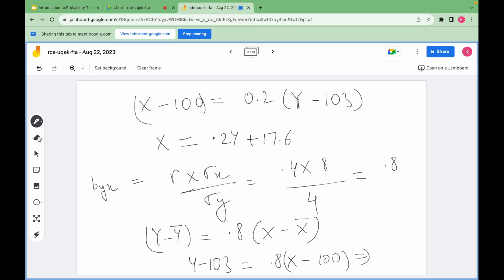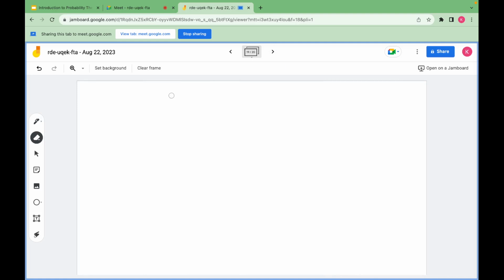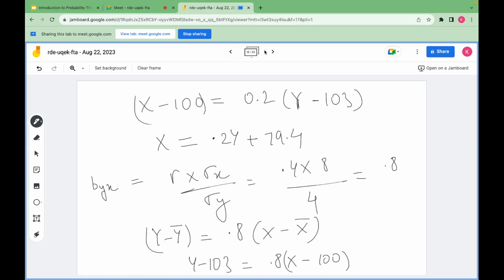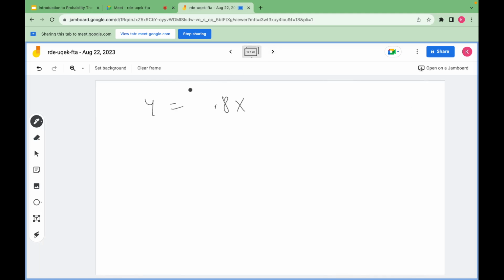This value will be 79.4, and I will write it on the next page. y equals 0.8x plus 23.